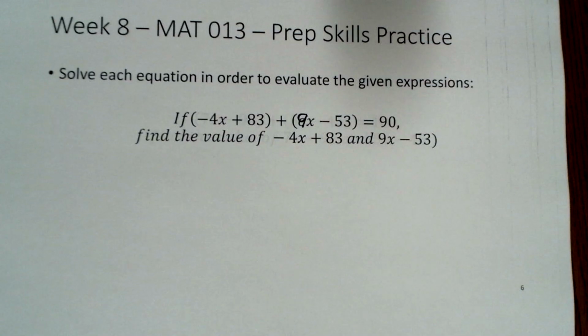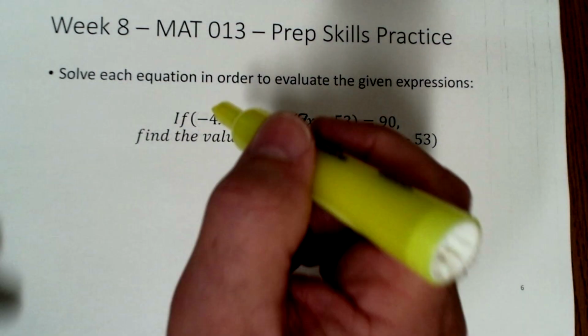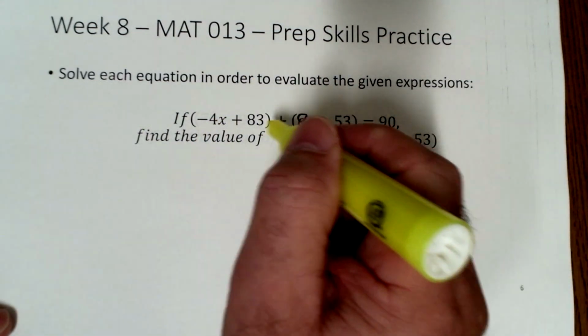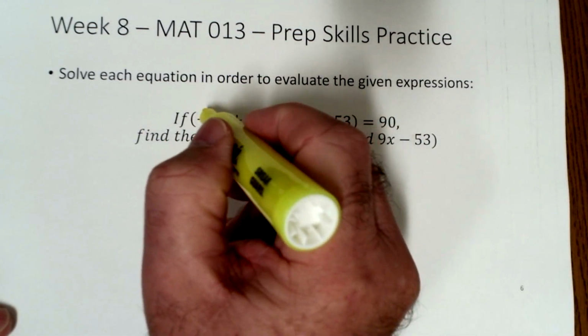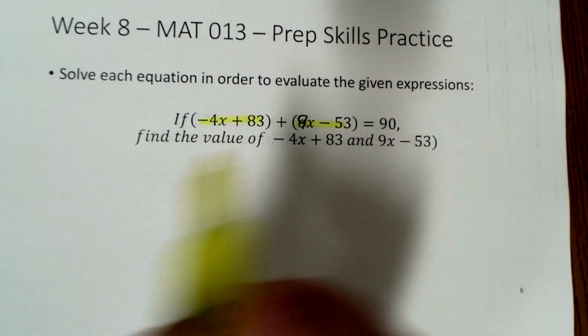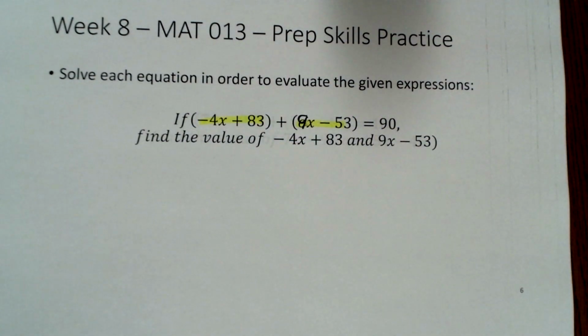Anyway, plus the value 9 times x minus 53 is equal to 90. We want to then find the value of minus 4x plus 83 and 9x minus 53. So we're going to solve this linear equation up here, determine the value of x, and then we're going to insert x back into each value to find the solution for each part totaling to be 90.